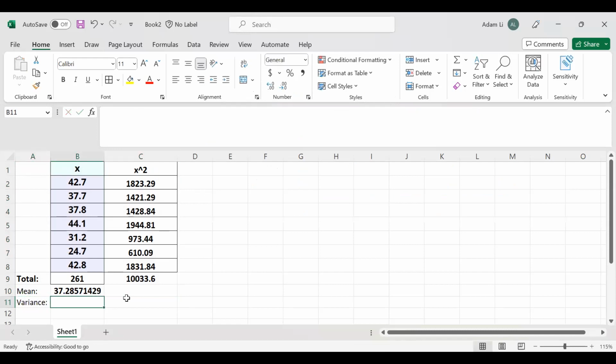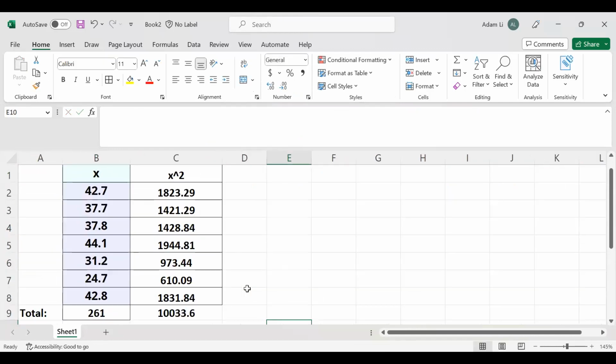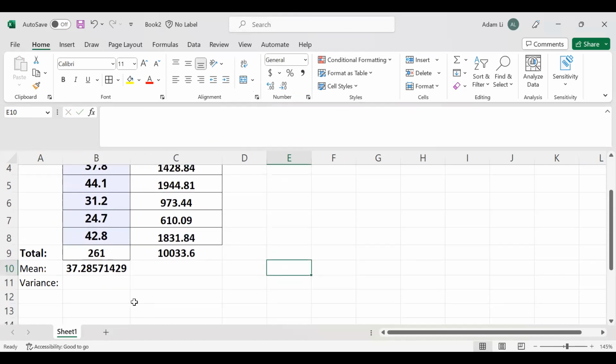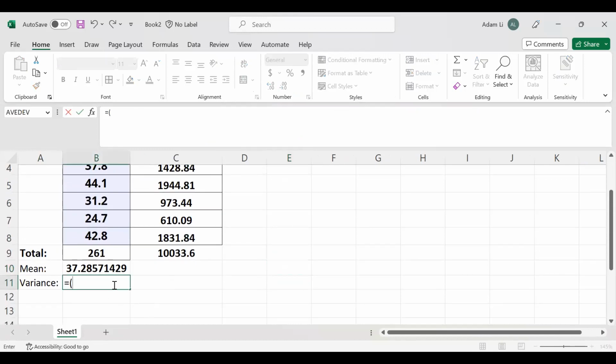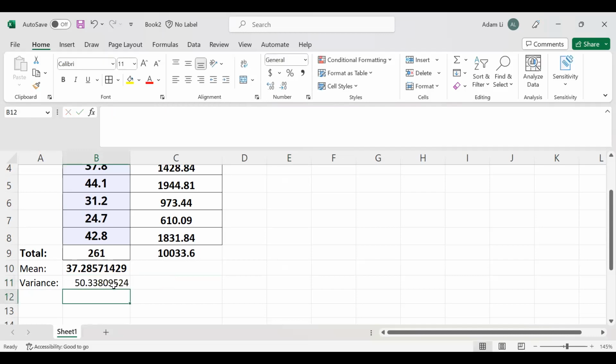It will be equal to 7 times 10,033.6 minus 261 squared, and dividing by the denominator 7 times 6. Okay, and that will do it. We enter, get the result.